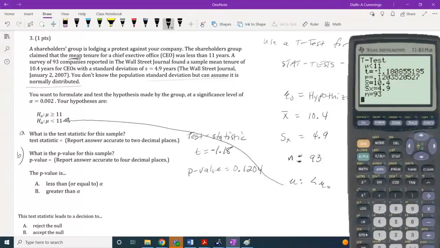And if you look at the answer key, it kind of gives you two values. This was number 3. It says 0.1204 or 0.1203. Okay. Did anybody get anything other than one?